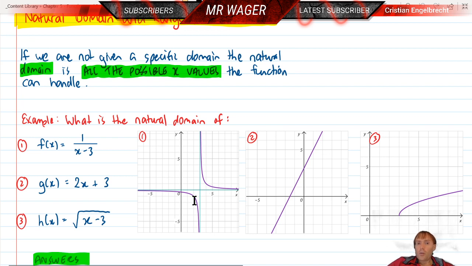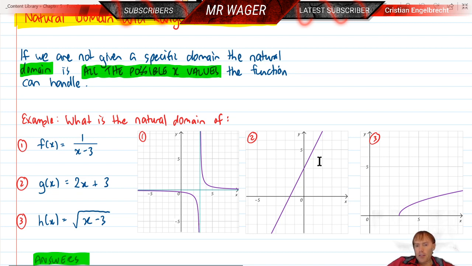Also, we need to specifically mention in our domain instructions any values that will cause the function to be undefined or the function can't handle. So in this first example, you have to think, all right, what are the possible x values that this thing can handle? But also, what are the possible x values that it cannot handle? It's got something to do with this asymptote right there.